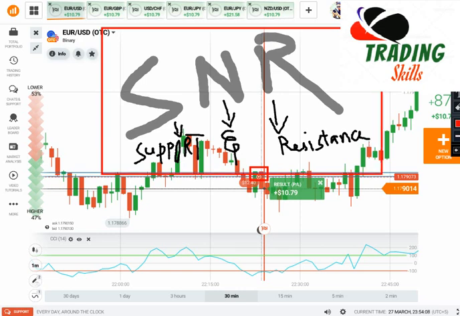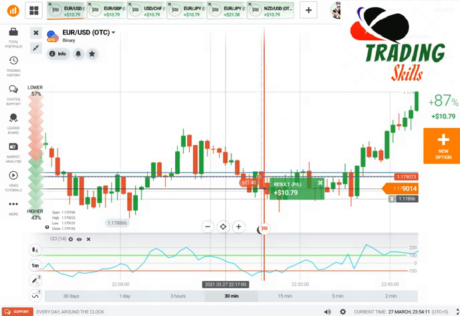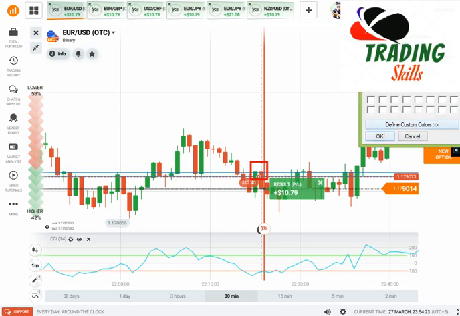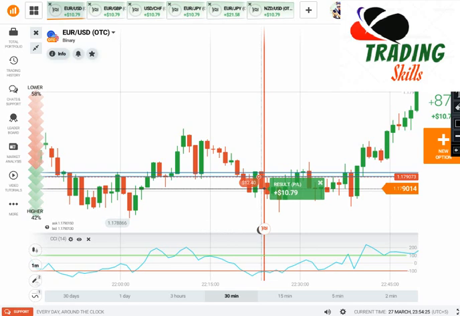Now how can you know how it will work? It is very simple. Just see, I took my trade here with this candlestick. Let me change the color. Now you can see I took my trade here, so I need to see support and resistance.